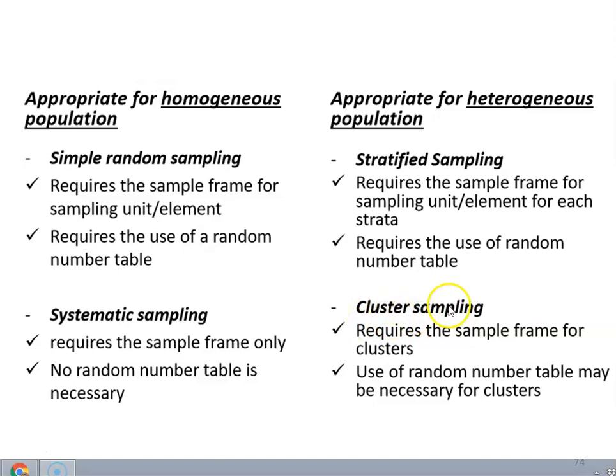For example, we have to study the impact of a new policy, and we want to get data from people of all religions in our population, and we know that our population has already been divided into clusters such as towns, and in each town people of all religions live together. So we can select any one or two clusters, and we will get data of people of all religions.